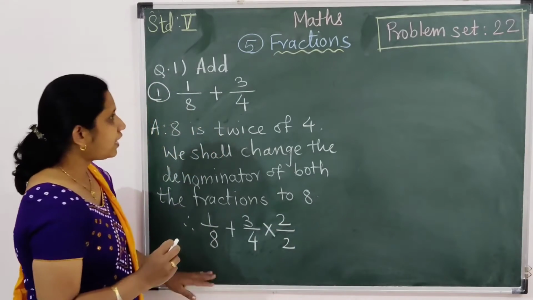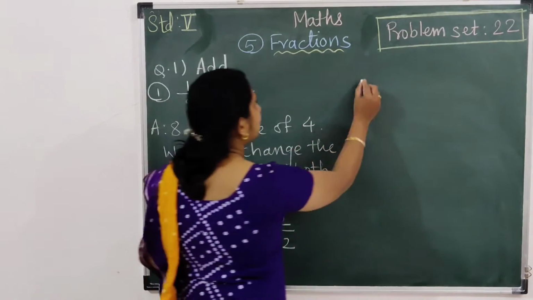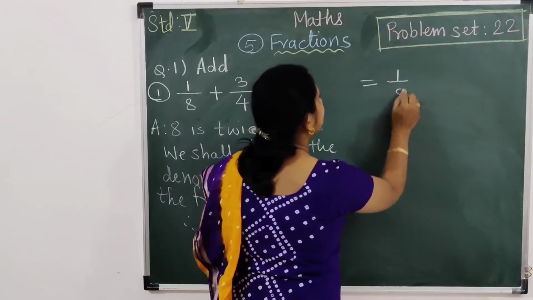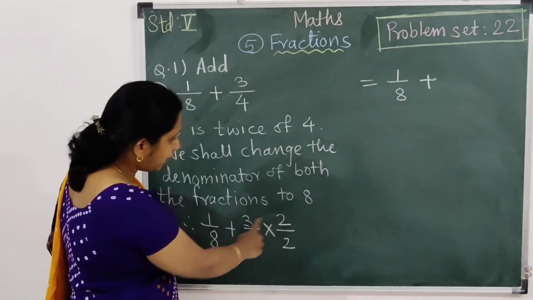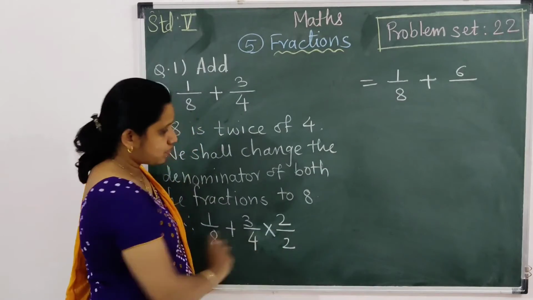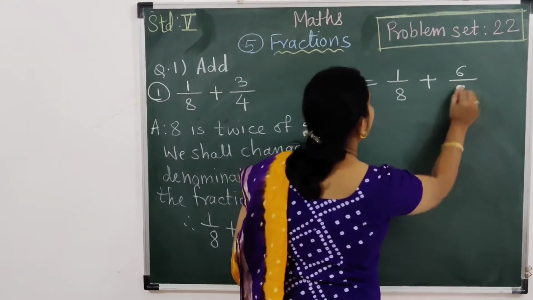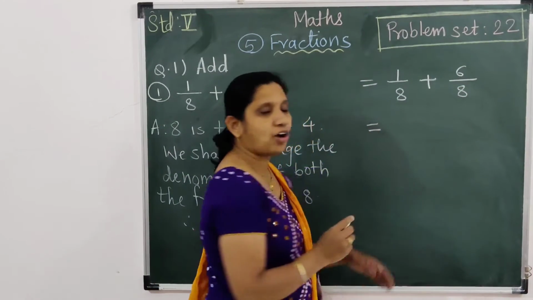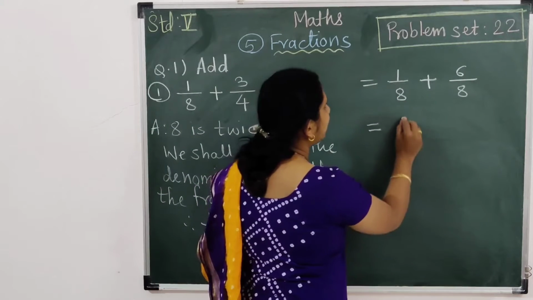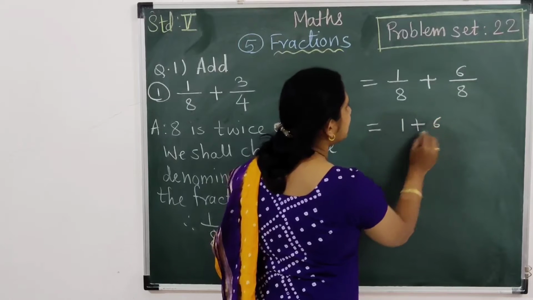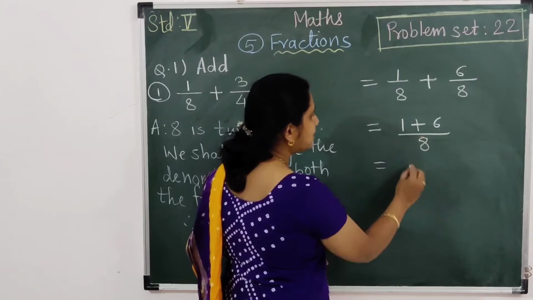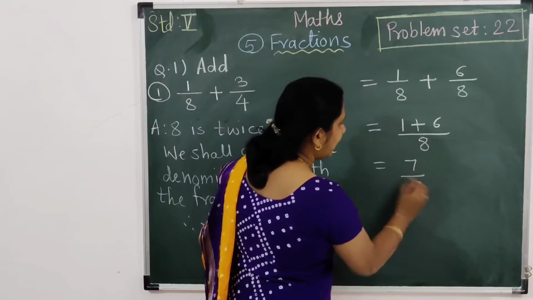So we get 1 upon 8 plus 3 2s are 6 upon 4 2s are 8. Let us add the numerators, as we already studied in the previous problem set. In the numerator 1 plus 6. Write the denominator only once, that is 8. So 1 plus 6, 7 upon 8.